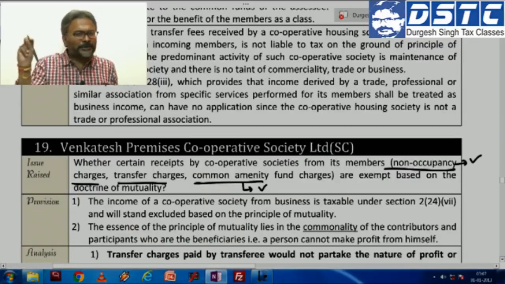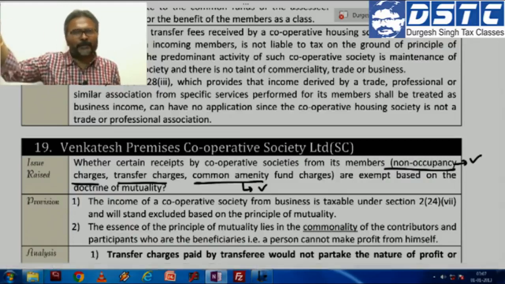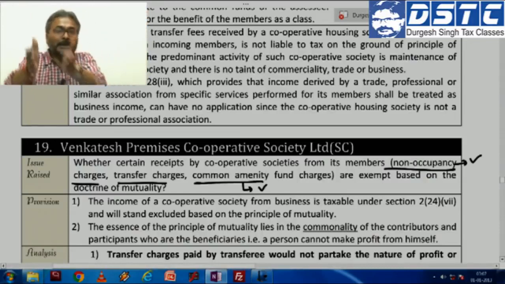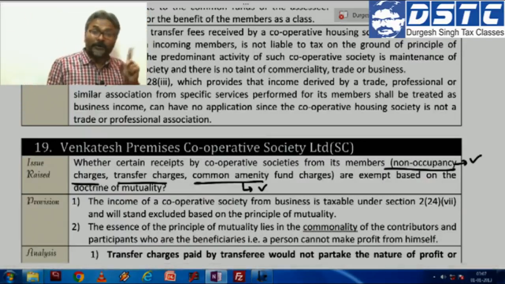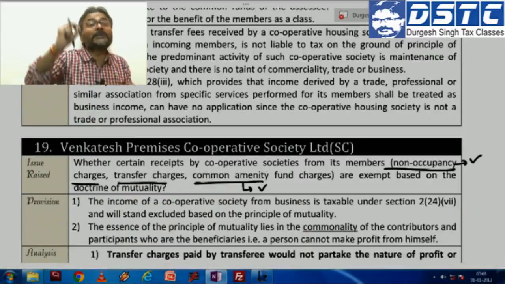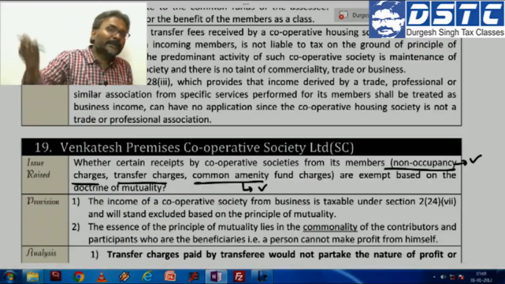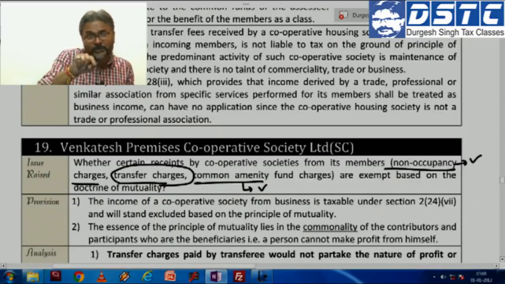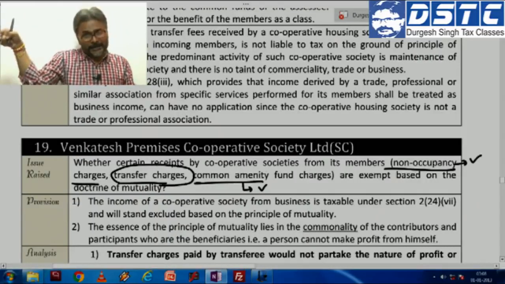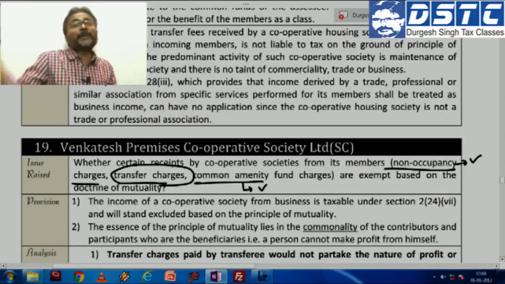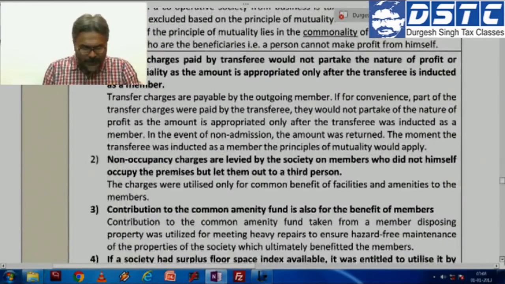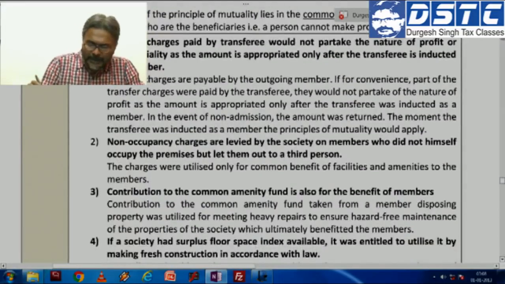These non-occupancy charges and common amenity charges were taken from the members, and that was for the benefit of the property of the member in the society. The question was on that transfer charges which was being taken from the buyer who is yet to become a member. So here the key observation was about the transfer charges.